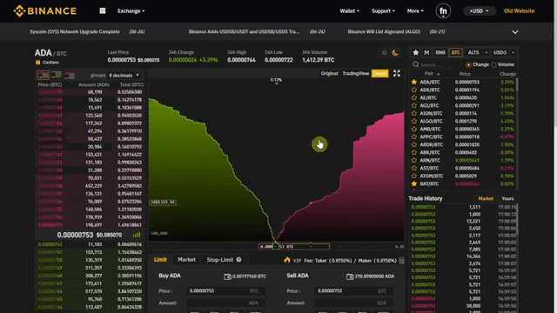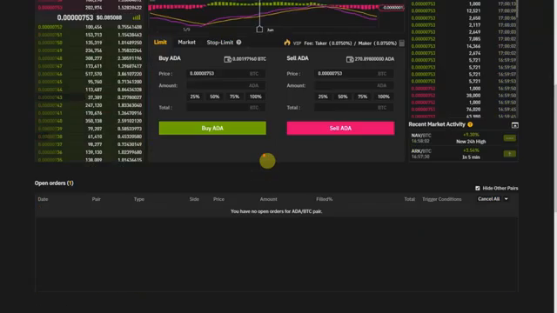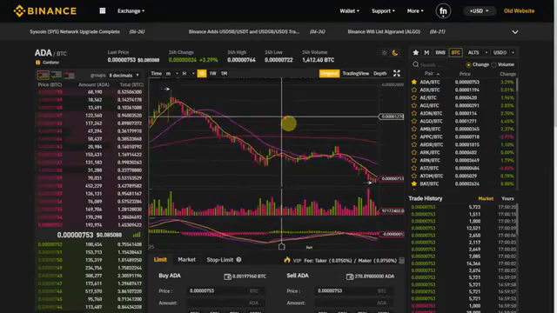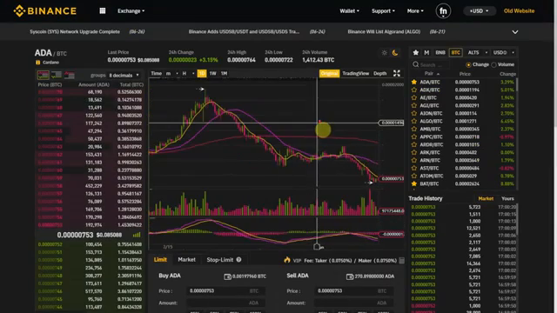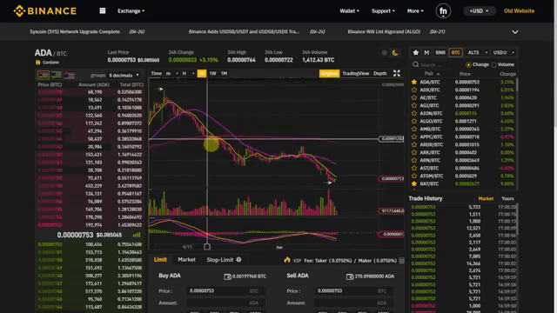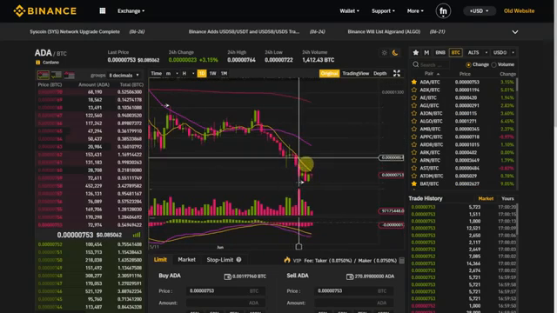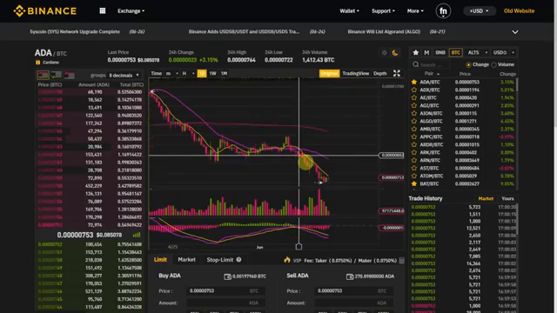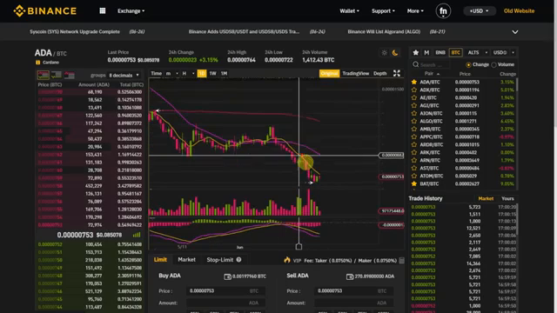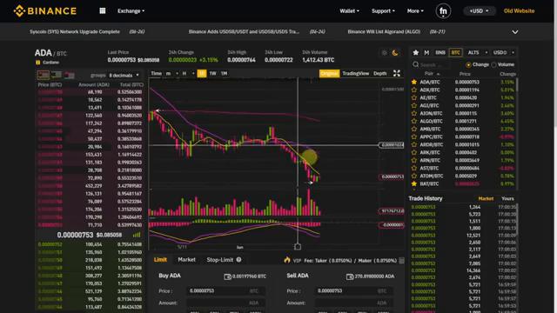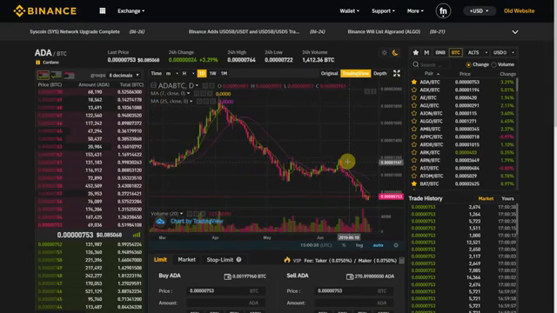Where can we go next? The chart. I don't like Binance's original view. I hate the colors. They're just annoying. The pink, I really don't like this color. Not pink in general, but this particular pink just hurts my eyes. So I always use TradingView.